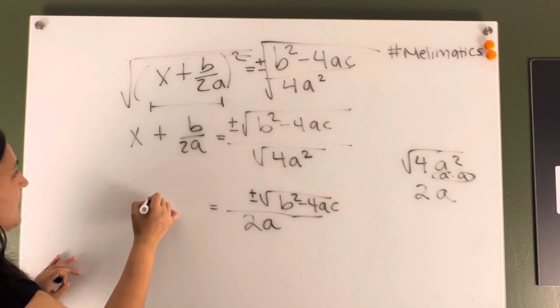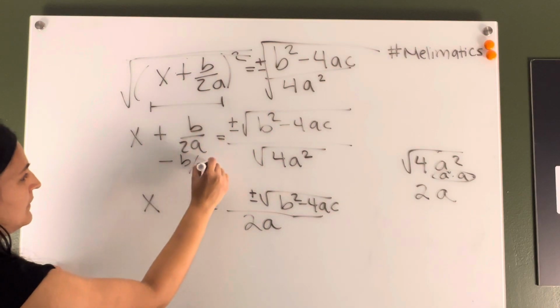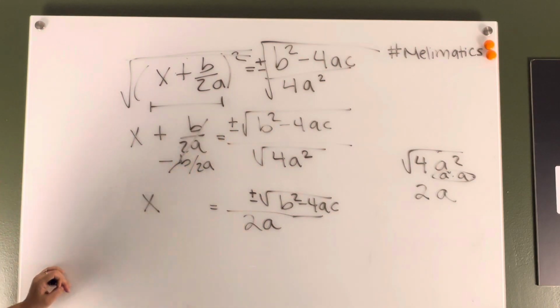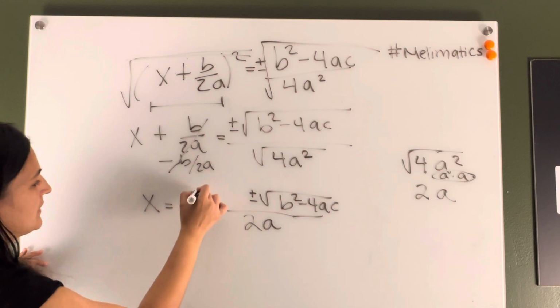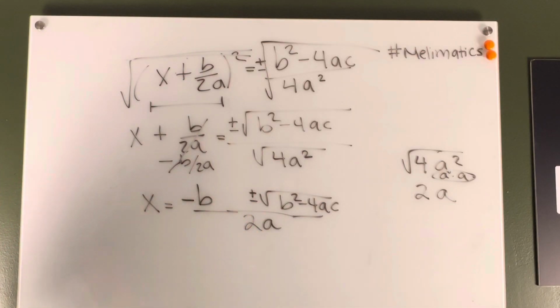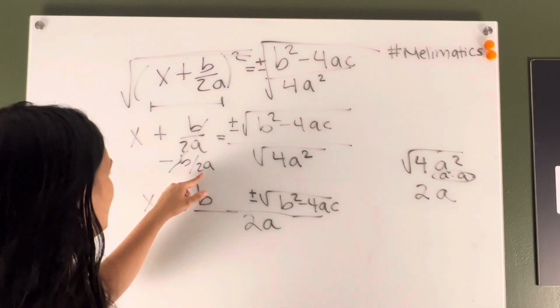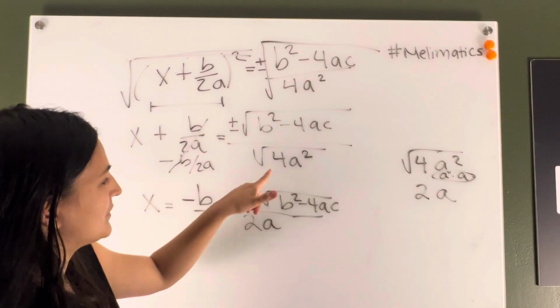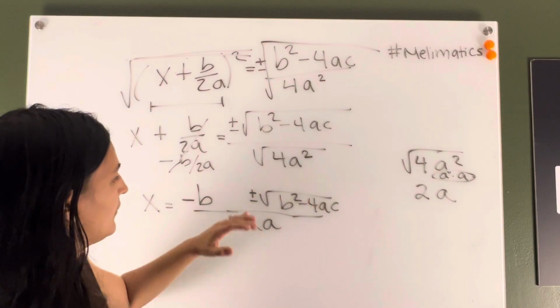Okay, and then last but not least, I don't want this number, I'm going to cancel it. And now it's going to be on the right hand side. So this is where we get x equals negative b plus or minus square root b squared minus 4ac all over 2a. Because remember that this is 2a, and when we got the square root of 4a squared, it was also 2a, so we're going to just write them all over the same 2a.